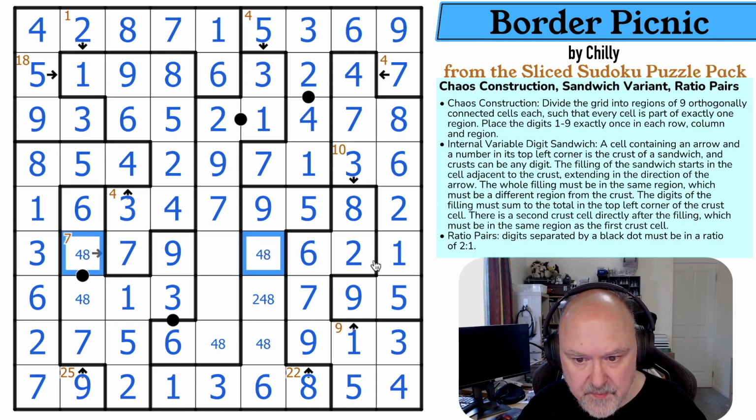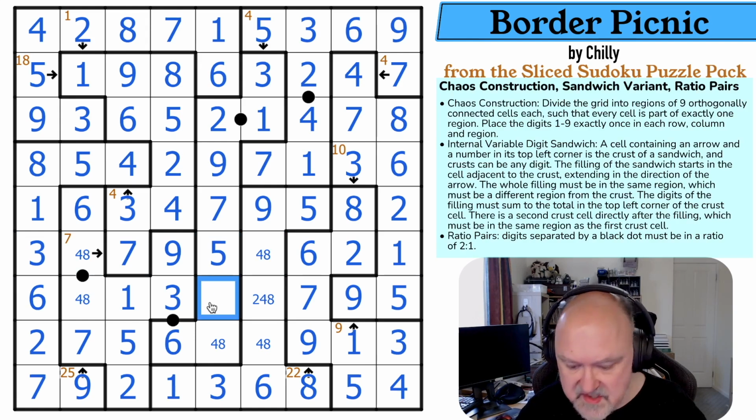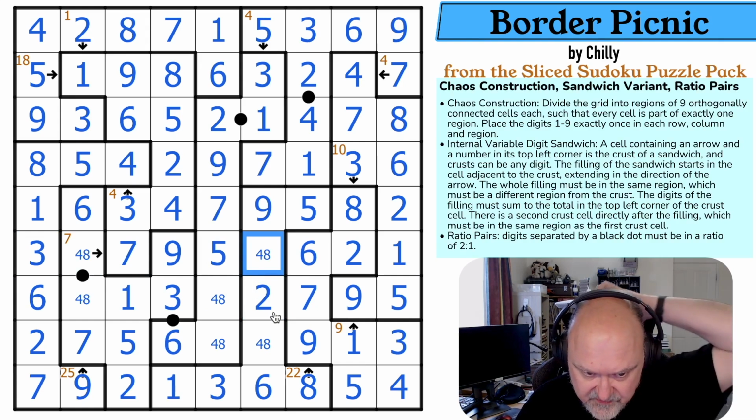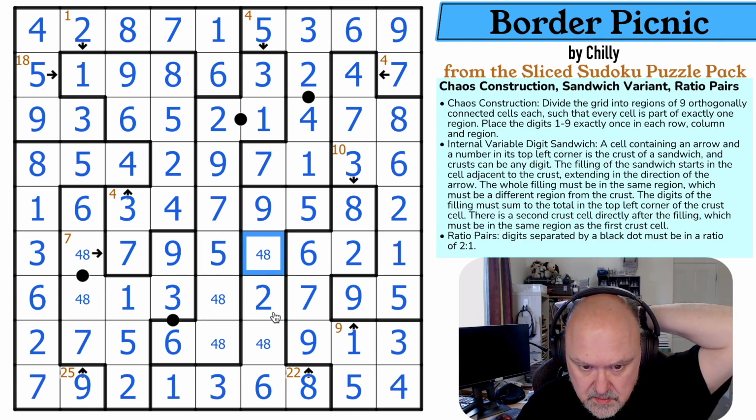That is a 4, 8 pair. So 1, 2, 3, 4, 5, 6, 7, 8, 9. That's a 5. So this column is also missing a 4, 8 pair. This is a 2, and I need to resolve these 4, 8 pairs. How?